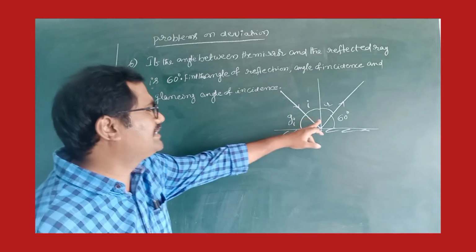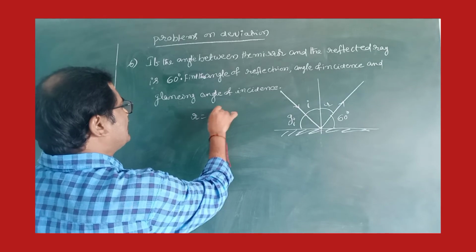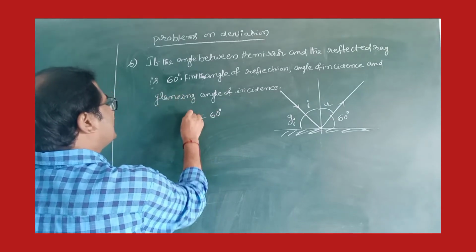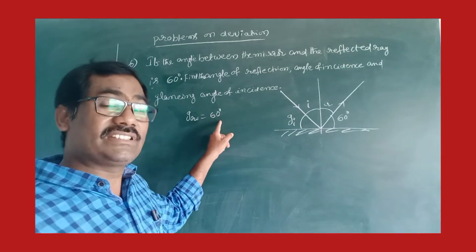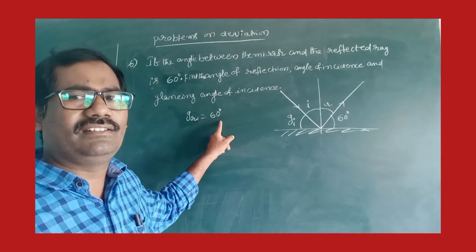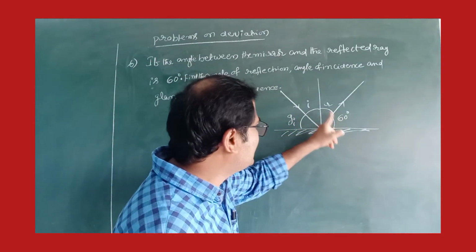Okay, that means it is the r value. The glancing angle of reflection is 60 degrees. That means r plus 60 is equal to 90.